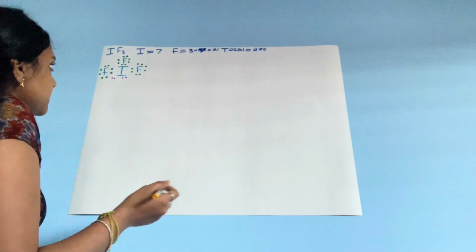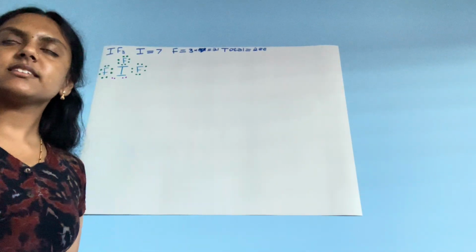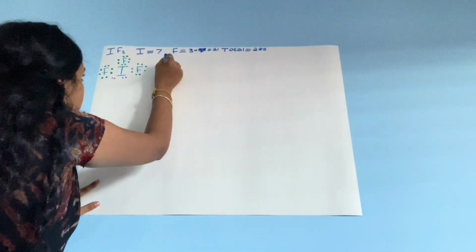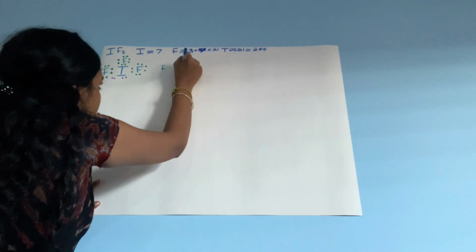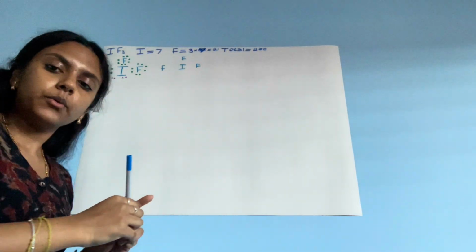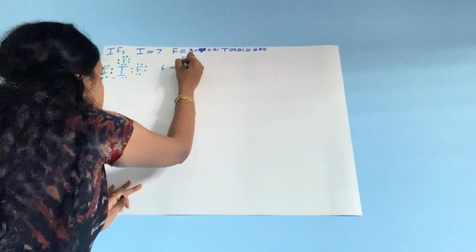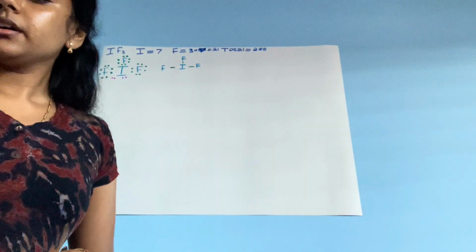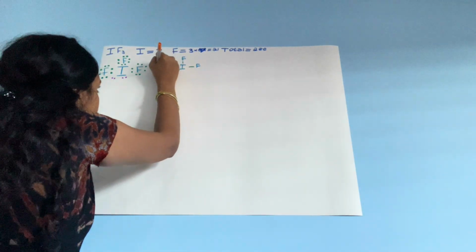Before we count our bonds, let's write this in a refined version. So we have fluorine, iodine. We're going to be drawing our sigma bonds in green. 1, 2, 3 sigma bonds.